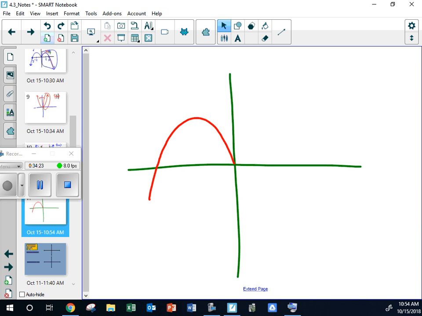There. Sketch what you think the reciprocal looks like. You put it on the same graph. Just do it in a different color, please. Okay, so change colors. I'm going to pause. Give this a try.